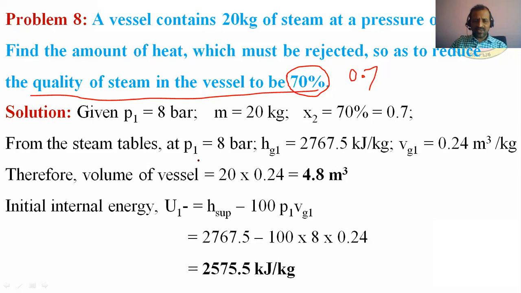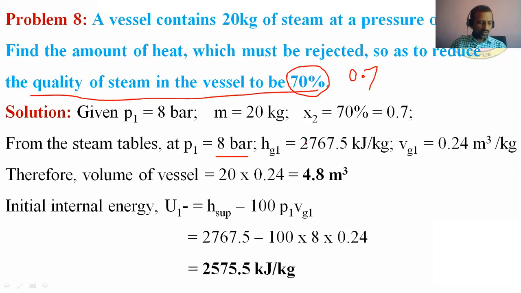So now he has given pressure is 8 bar. So again go to the steam table, open the pressure 8 bar. Where is the 8 bar pressure? Open the steam table, page number 11, by R.S. Khurmi. So at 8 bar pressure, you find out Hg1.